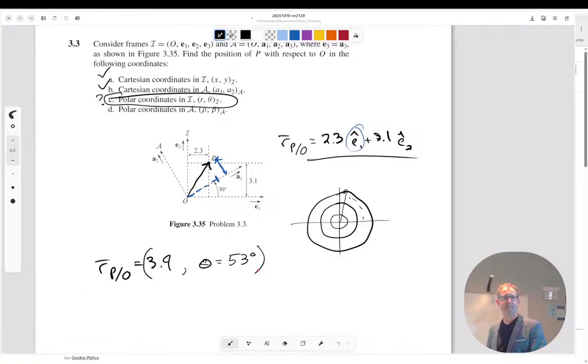So I have the method of position equals 3.86 cosine of 23 degrees A1 plus 3.86 sine 23 degrees A2. Okay.